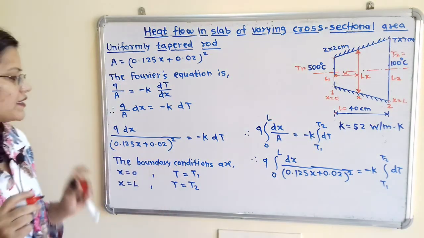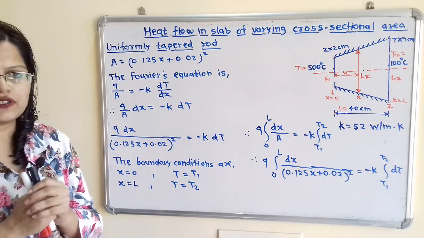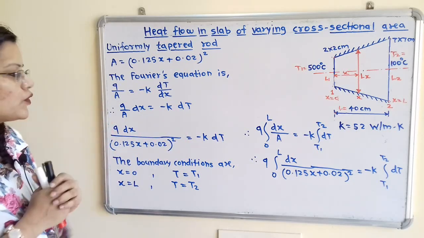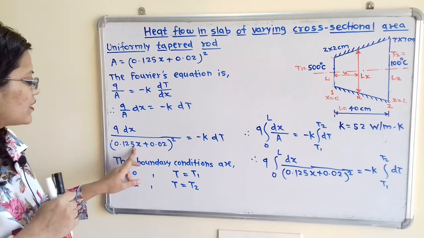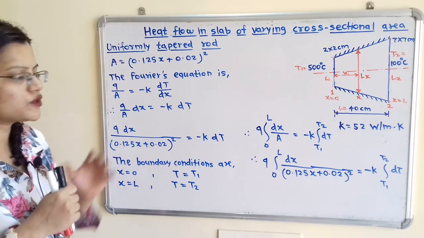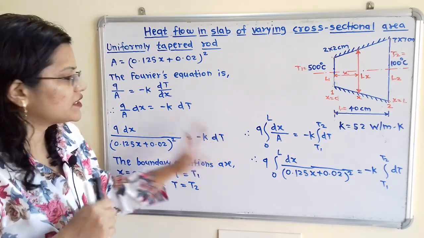Now we will apply the boundary conditions and take the integration on both sides. So we take q outside. Integration of dx divided by (0.125x + 0.02) squared is equal to minus k integration of dT.